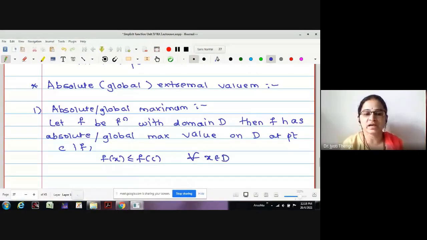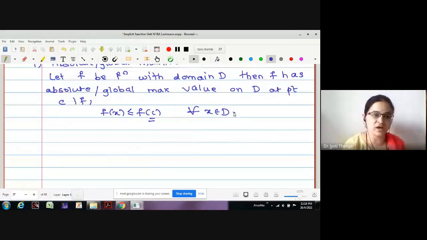That is, this f of c is giving me the maximum value on the whole domain of the given function. Then it is called global maxima.